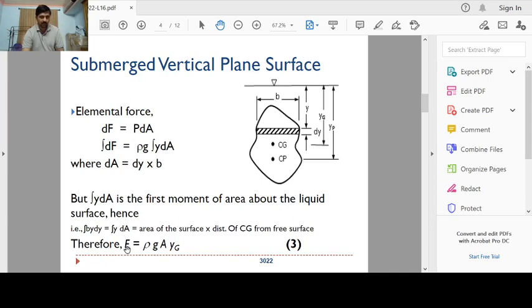Therefore, the total force F on this vertical plane surface is equal to rho g, constant, times A into yg, where yg is the distance of the center of gravity of the vertical plane surface from the free liquid surface.